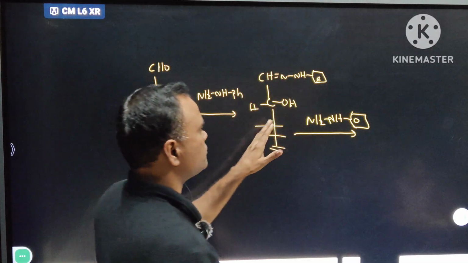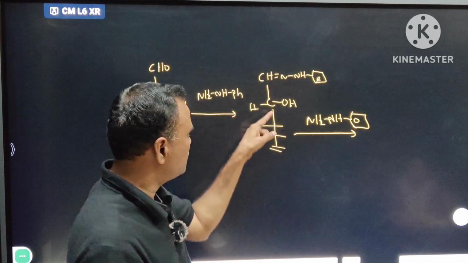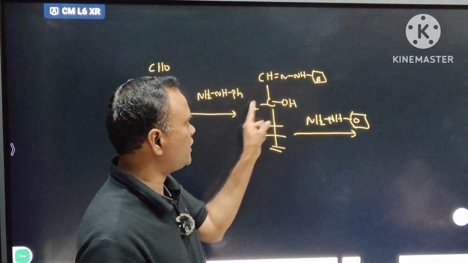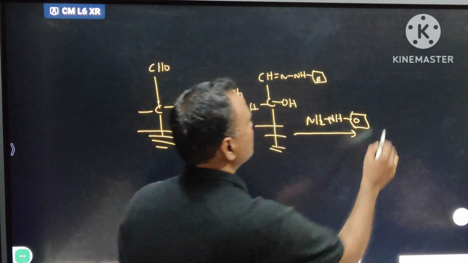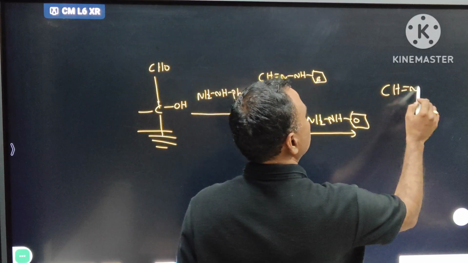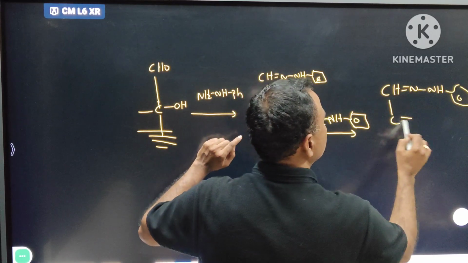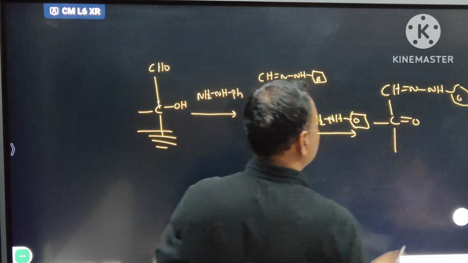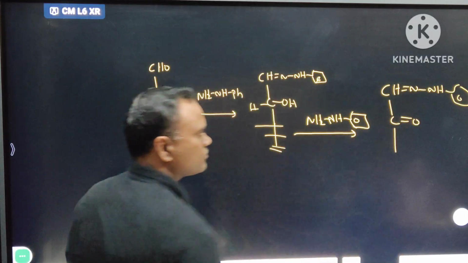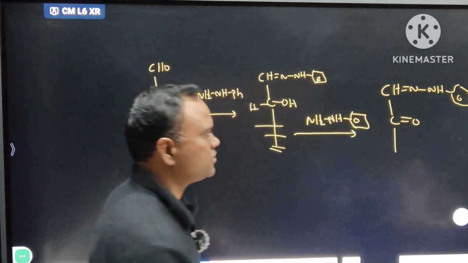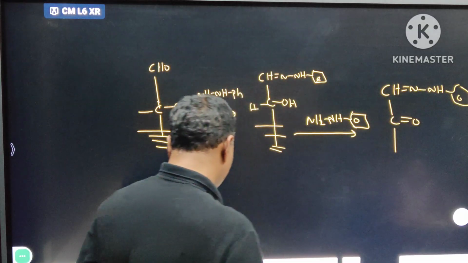Oxidation means removal of hydrogen; two hydrogens will be removed here, this hydrogen and this hydrogen. So what will you get? A ketone. Clear? Next, the third mole will react with this ketone.